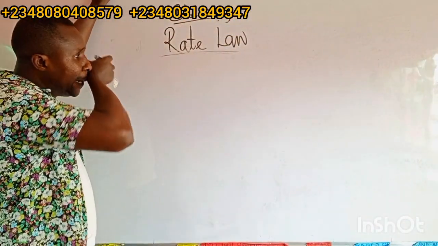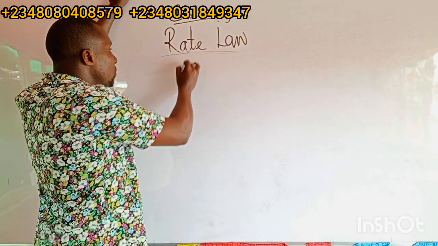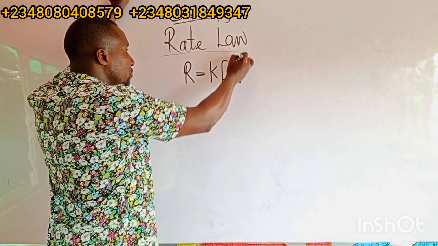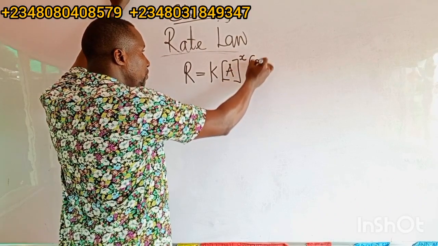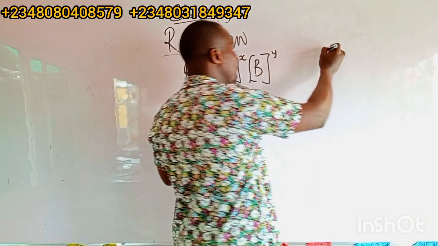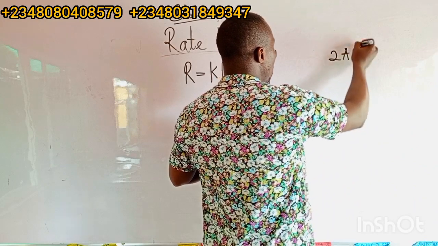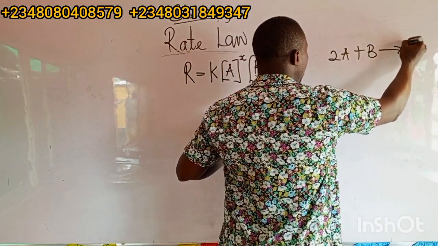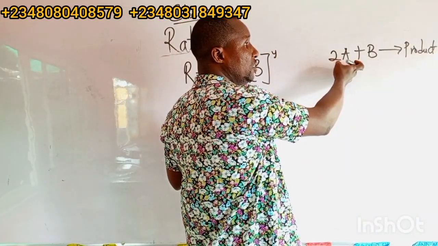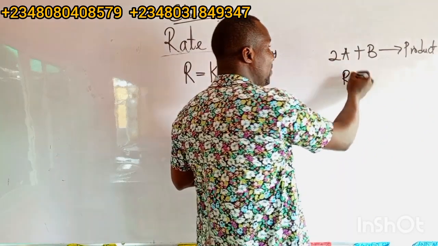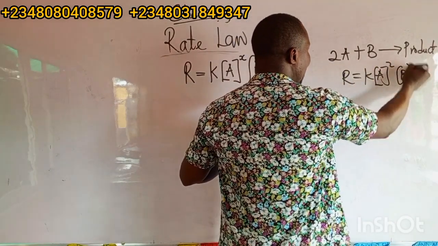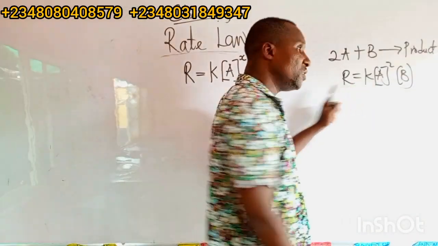Listen, experimentally, R equal to K into concentration of A raised to power X, concentration of B raised to power Y. For a reaction given as, let's say 2A plus B equal to product, for Guldberg and Waage's law of mass action, if you want to express this, we say R equal to K, A raised to power 2, B raised to power 1, the stoichiometry. For a complex reaction, it is wrong.